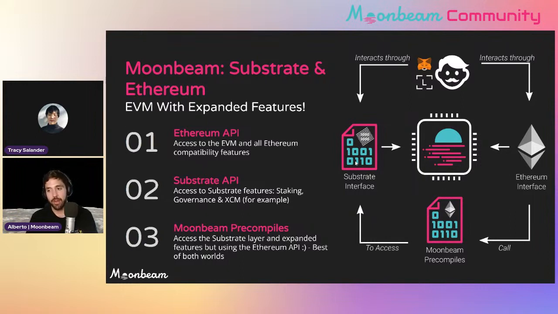And not only that, there are actually precompiled contracts that allow you to, for example, use advanced features that Moonbeam offers, like the batch precompile, with which you can batch a bunch of transactions into one call for the user to sign, or the call permit precompile, which allows any call and any smart contract to be gasless, which is something that is not possible to do on Ethereum, for example. And so, Moonbeam is not just an EVM. It just provides a better development environment for developers to take advantage of all these advanced features, which is actually pretty cool.